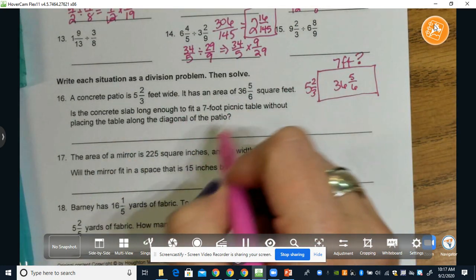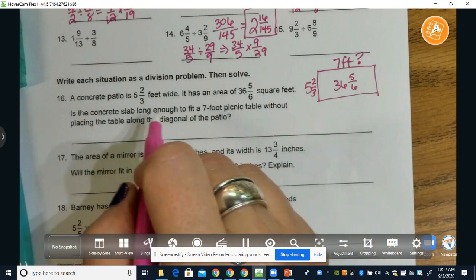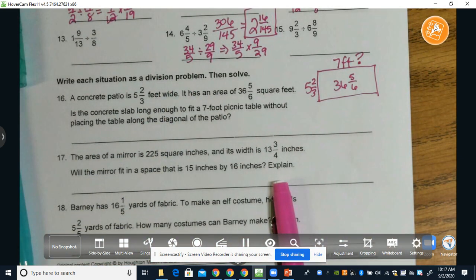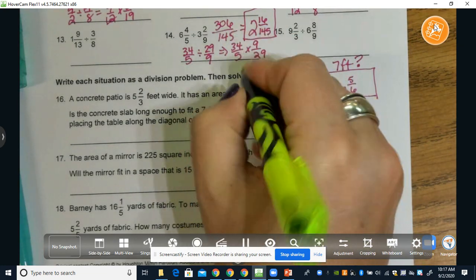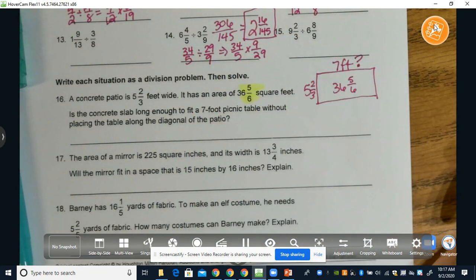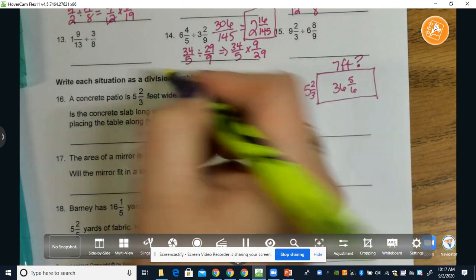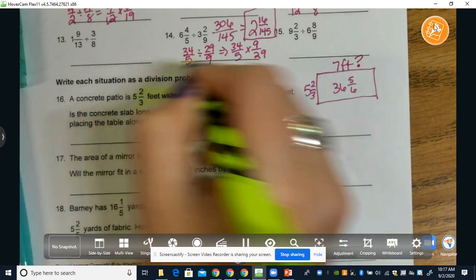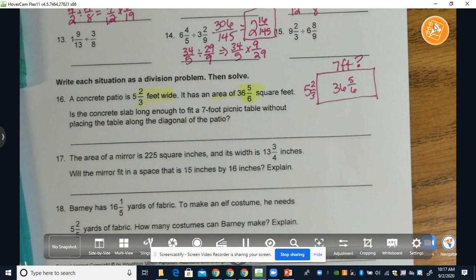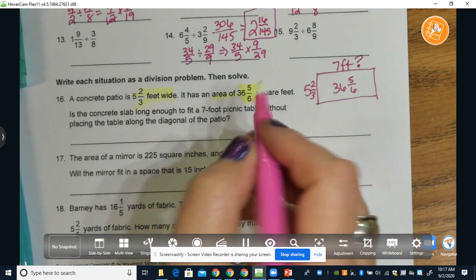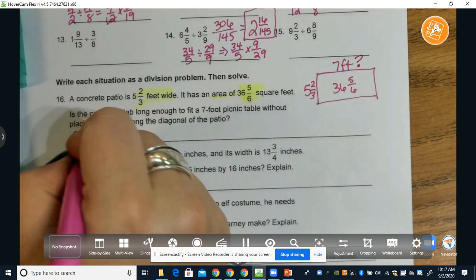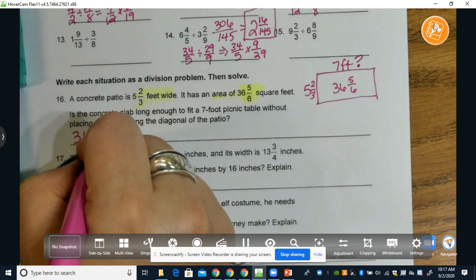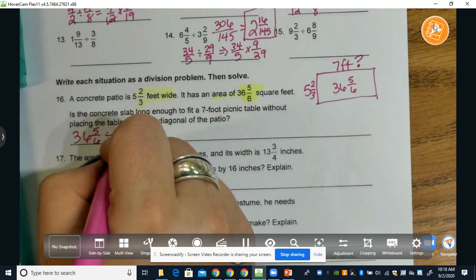So there's 3 pieces of information, but I only need 2 to help me solve this question. I know what the area is. This is the area, and I know how wide it is. I need to figure out if the length's going to work. So I'm going to take 36 5/6 and divide it by 5 2/3.